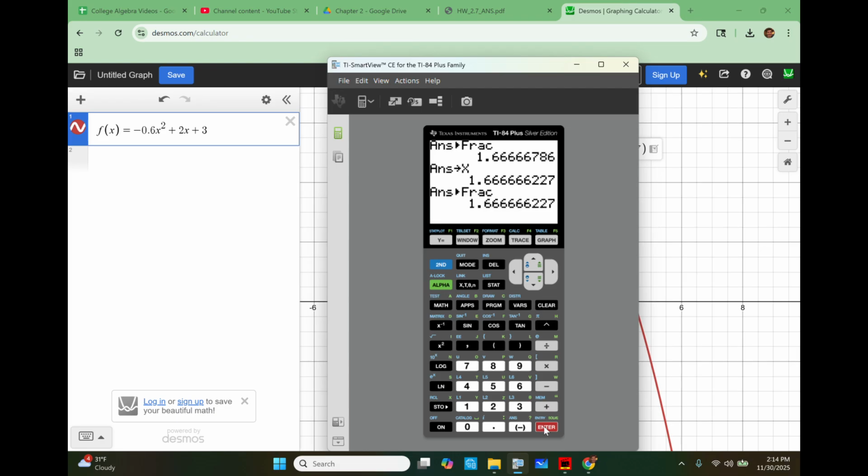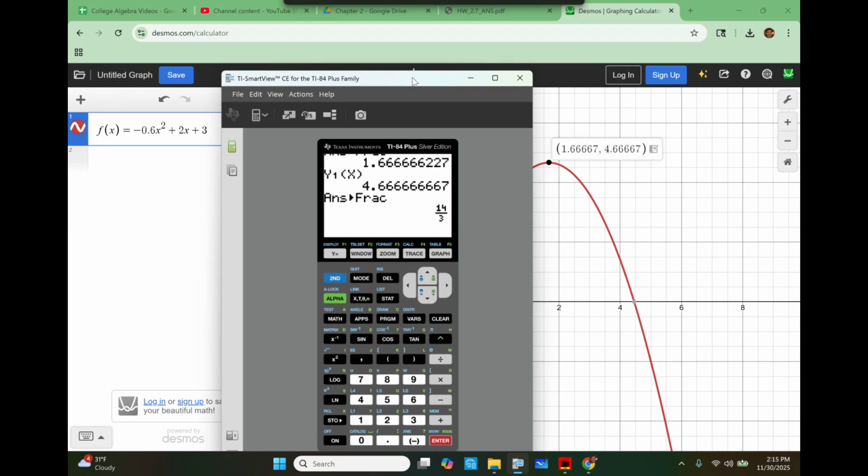But in a lot of cases, it'll bring this over, and then you can get the exact fraction, and then you can do alpha trace y1 of that x value. It'll give you that number there, and then you can math fraction that. Maybe this one will work. It worked. So that number, the y value, that 4.6 repeating, I brought over since I stored x on the solver screen.